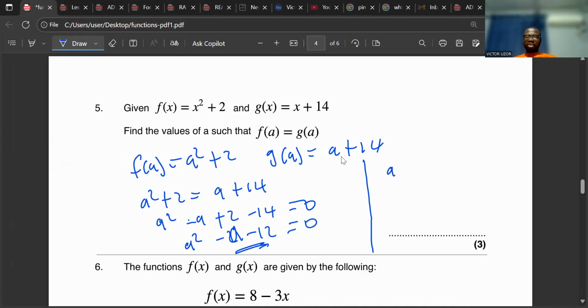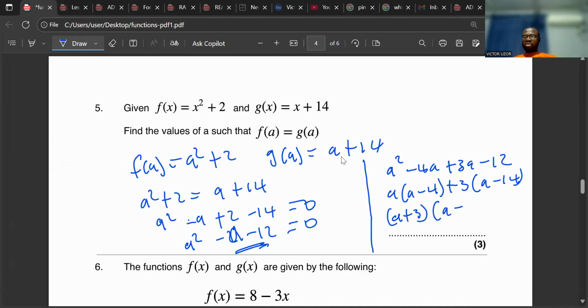So you have A squared minus 4A plus 3A minus 12. Common factor A in bracket A minus 4, plus 3 in bracket A minus 4. The answer will now be (A plus 3)(A minus 4). Your A will now be minus 3, comma 4. As simple as ABC.